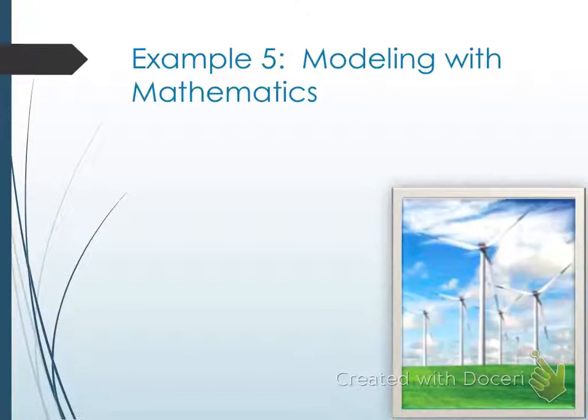Now, our first step here is to understand the problem. You know the amount of electricity generated in 2 distinct years. You are asked to write a linear model that represents the amount of electricity generated each year since 2007, and then predict a future amount. So we need to make a plan. Break the problem into parts and solve each part.